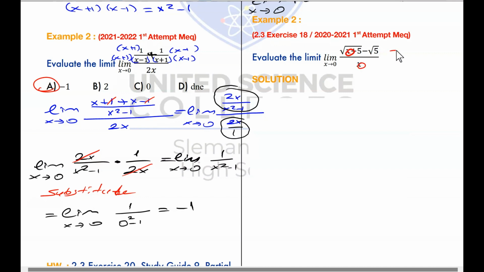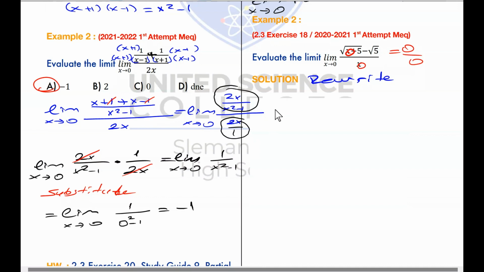Square root 5 minus square root 5 is 0. 0 at the top, 0 at the bottom. So yes, I have the 0 over 0 case. Now rewrite the function using conjugate rationalizing. This time our radical part is at the top, so we will rationalize it.